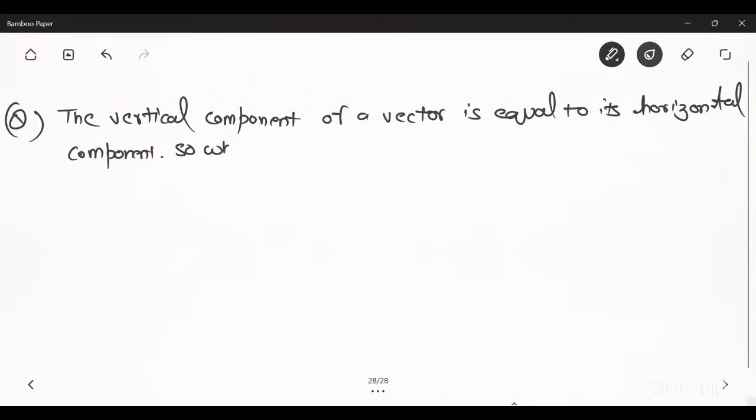So what is the angle made by the vector with x-axis?